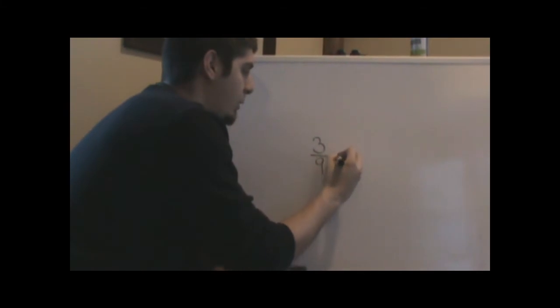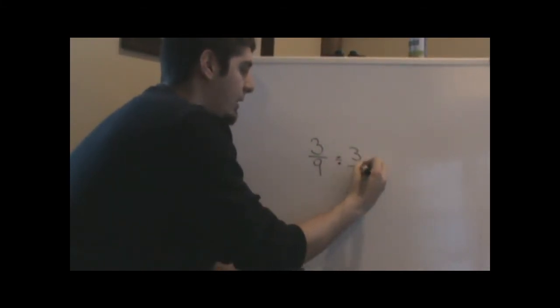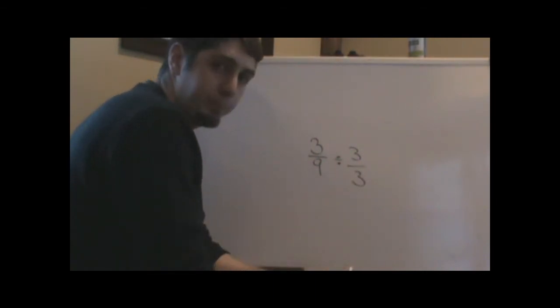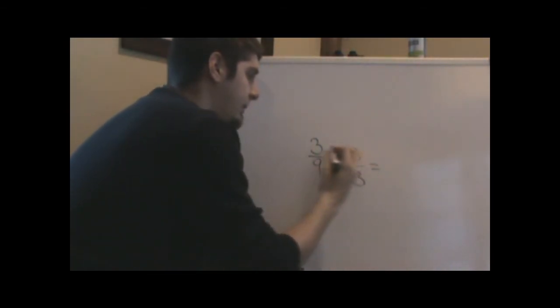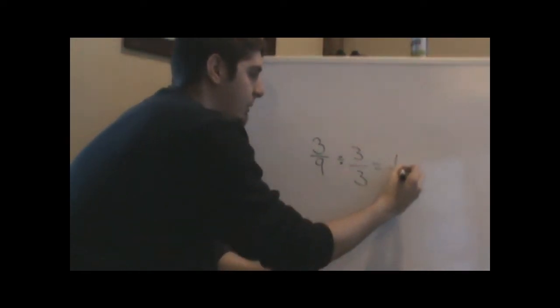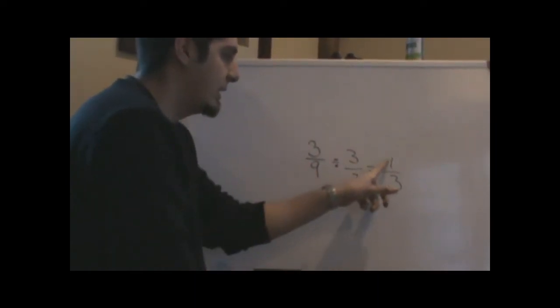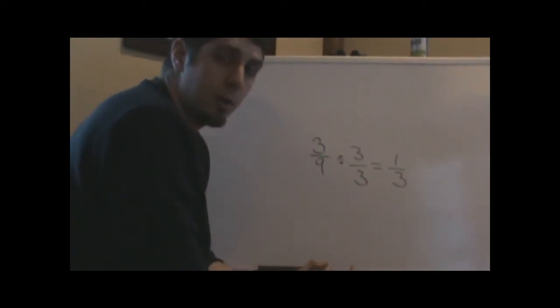So I'm going to divide the top by 3 and the bottom by 3. And I'll end up getting 3 divided by 3, which is 1, and 9 divided by 3, which is 3. So I know that 3/9 is equal to 1/3.